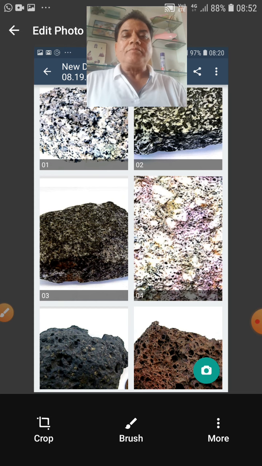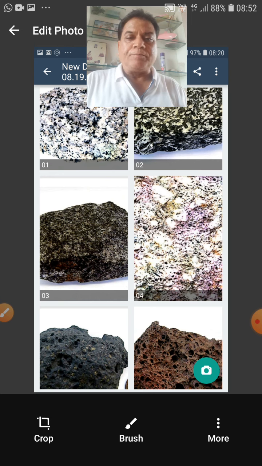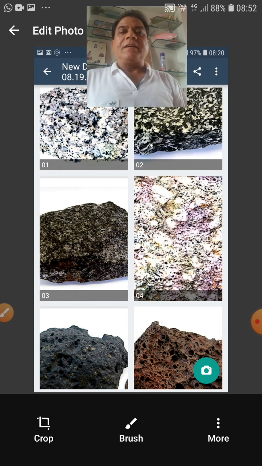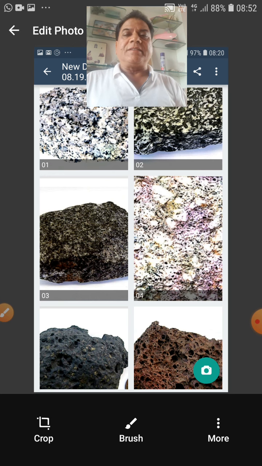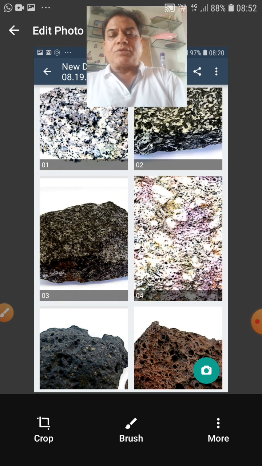Similarly, if grains are of equal size and shape is euhedral, then it is panidiomorphic. If grains are of equal size and shape is anhedral, then it is called allotriomorphic. So today we will take one by one and I will try to explain the textures which are observed in different rocks.